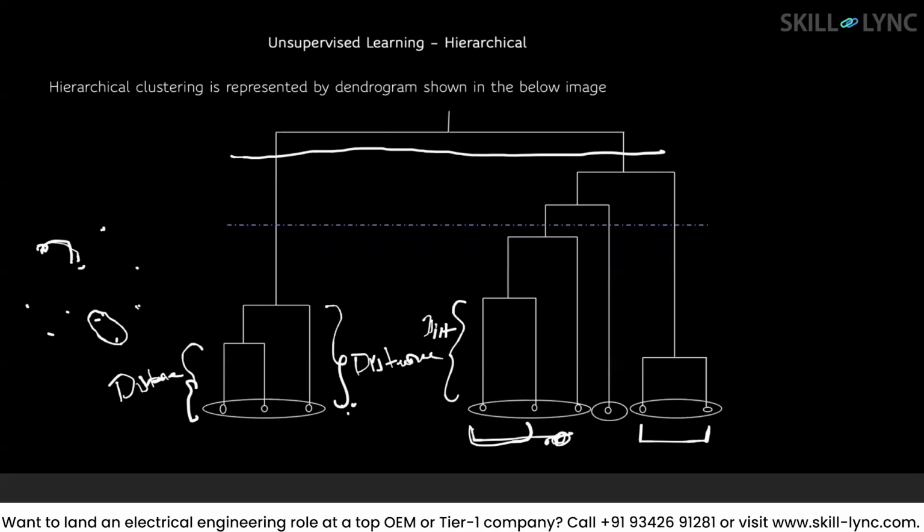That means all the points will initially each be a separate cluster, and then based on the similarity score, they will try to merge. Now this can be one cluster, and then based on this similarity, this is also coming and merging here. So now if you want to cut our branch here, and for example you want 4 clusters, then this will form one cluster, right? So that is what bottom-up approach means.